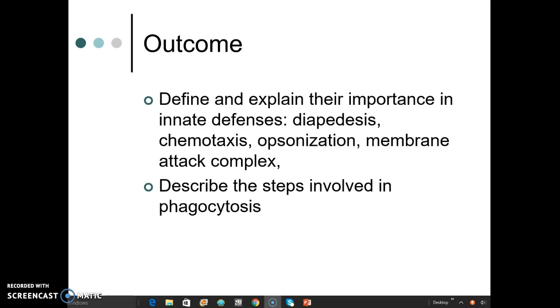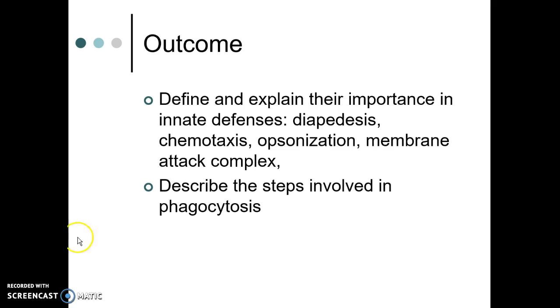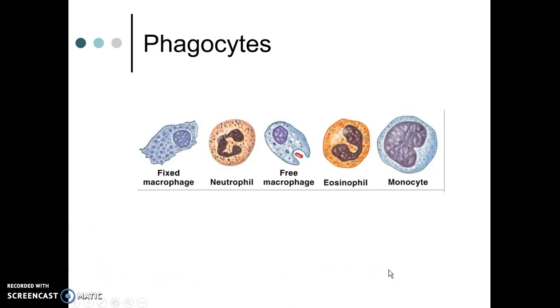As far as how these free macrophages move, and macrophages as well, either one of these, they move by a process called diapedesis, and let's look at these pictures. So here we can see a fixed macrophage, we've got those neutrophils and eosinophils, and we have a free macrophage, which could be a Kupffer cell or one of those alveolar macrophages.